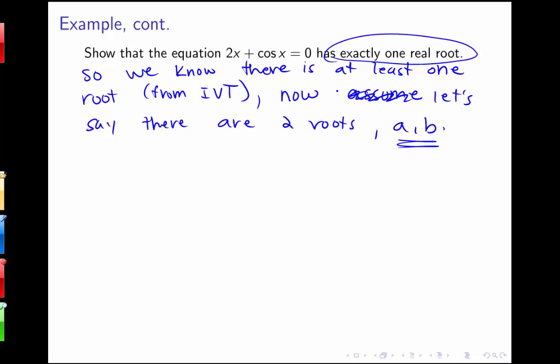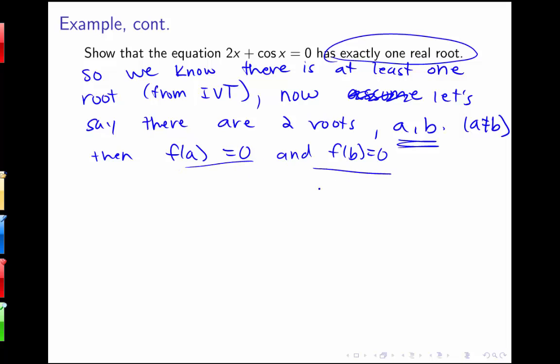So if there are in fact two roots, then f of A would be 0 and f of B would be 0, because that's the definition of being a root. So I'm saying I want to show that this has only one solution, so what happens if I assume there are actually two solutions, where the solutions are different to each other. So I have f of A is 0 and f of B is 0.